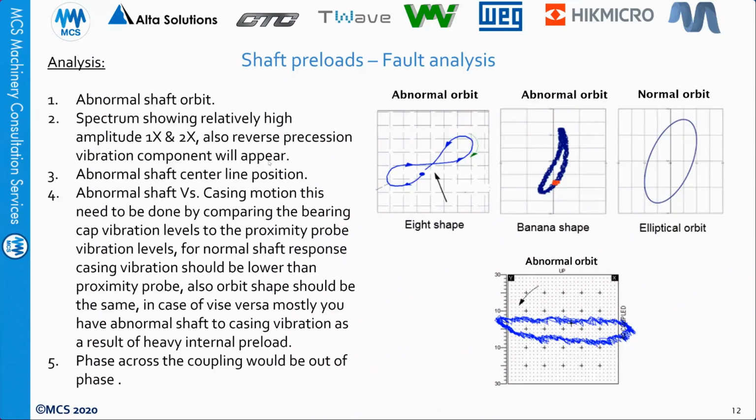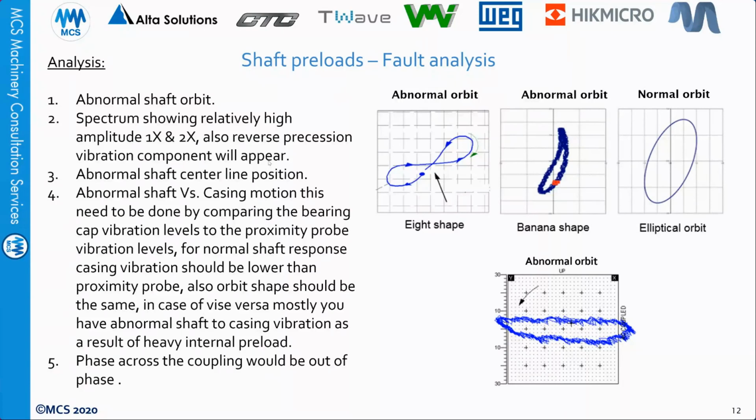This needs to be done by comparing the bearing cap vibration level to the proximity probe vibration levels. For normal shaft response, the casing vibration should be lower than the proximity probe. Also, the orbit shape should be very similar.